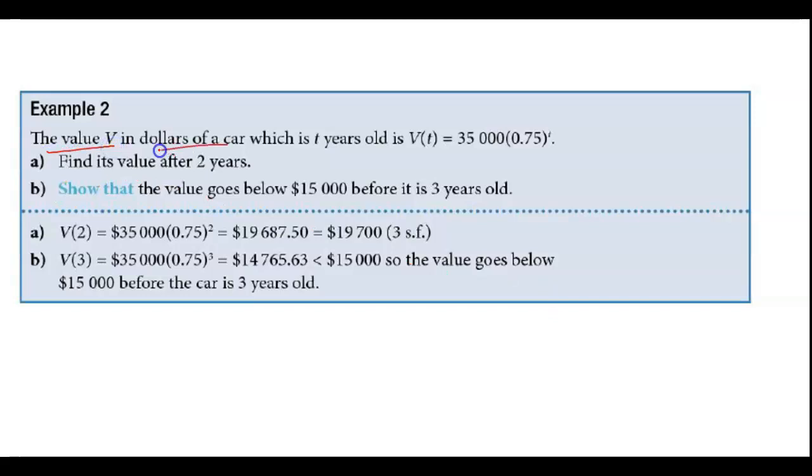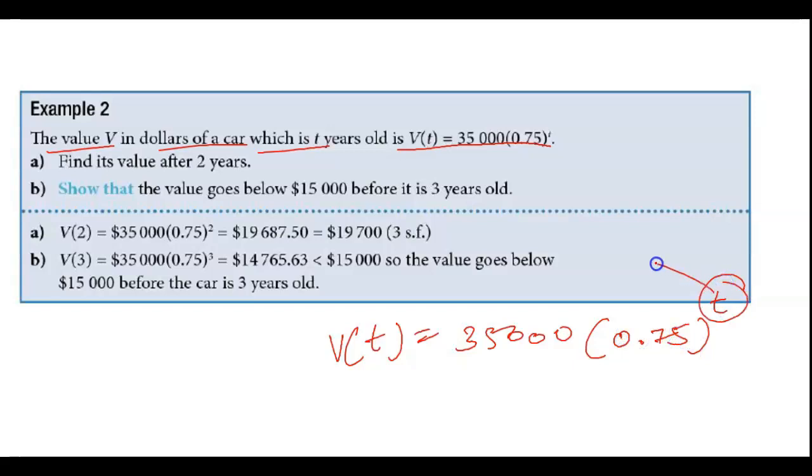The value V in dollars of a car that is t years old is V(t) equals 35000 into 0.575 raised to power t, where t is the number of years. So by hit and trial, first of all, I'll substitute the different values of t as 0, 1, 2, 3, right?